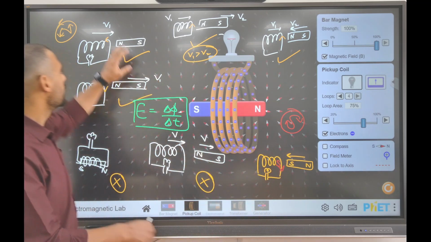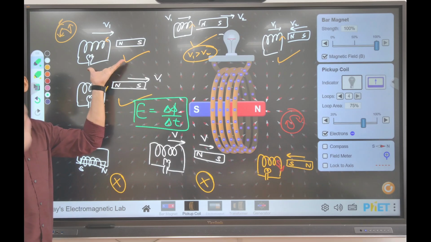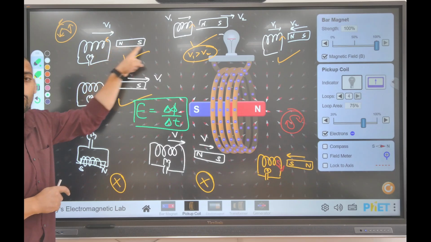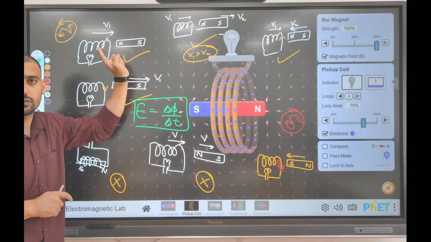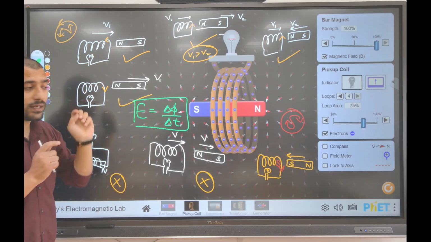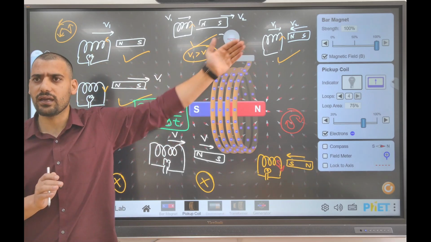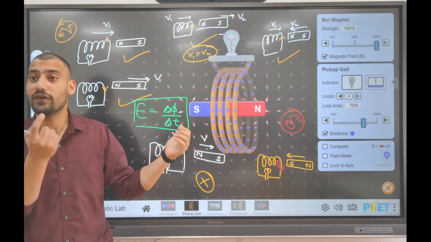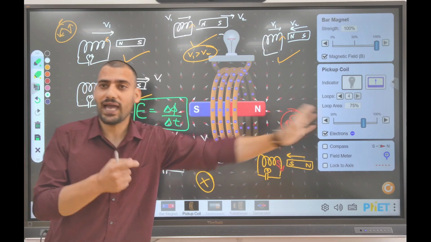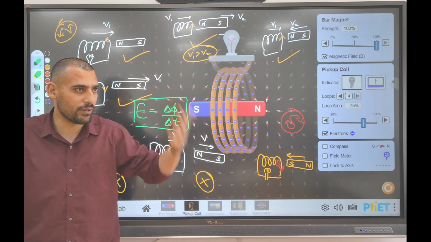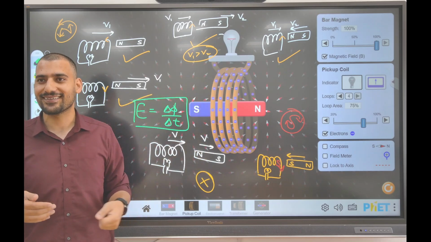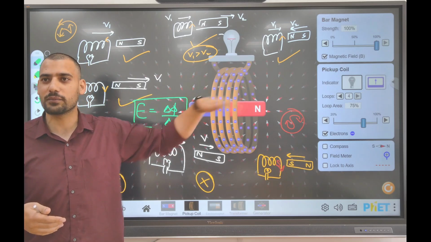See, I'll take this example, you'll understand. Why did EMF generate here? Because which pole was going away? North. Now the coil observes north is going away. It doesn't want the north to go away. So going away helps it to produce EMF. But the EMF that is produced is opposing it. It doesn't let the bar magnet go away.